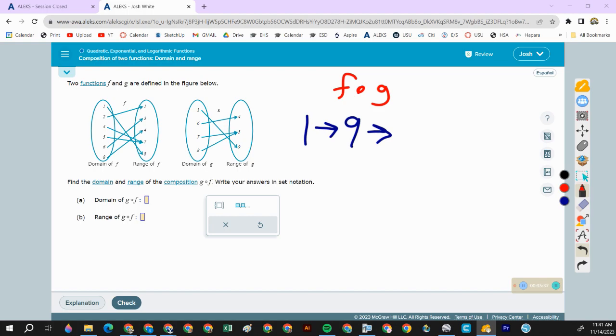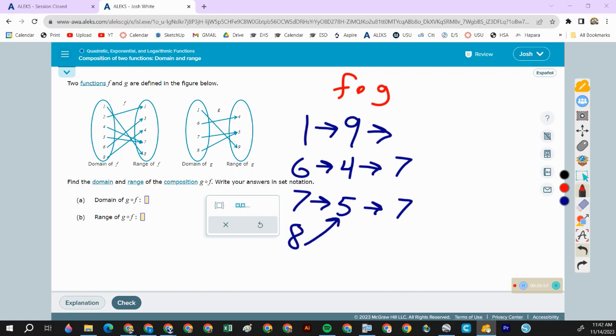Nothing. So that's out. 6 gets turned into 4. And 4 gets turned into 7. So that one exists. 7 gets turned into 5. And 5 gets turned back into 7. And 8 gets turned into 5, which gets turned into 7.